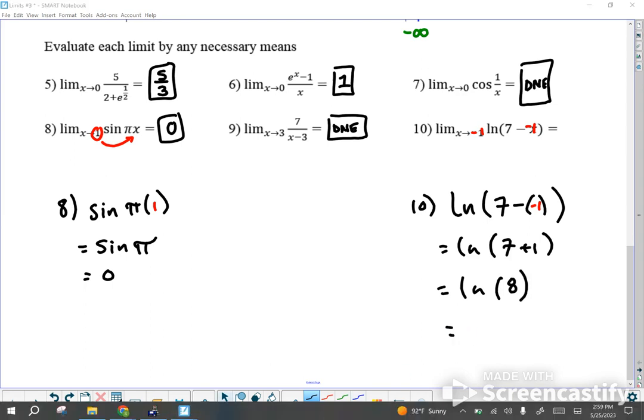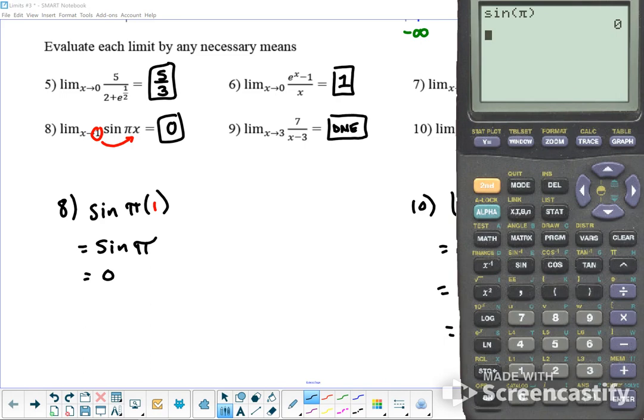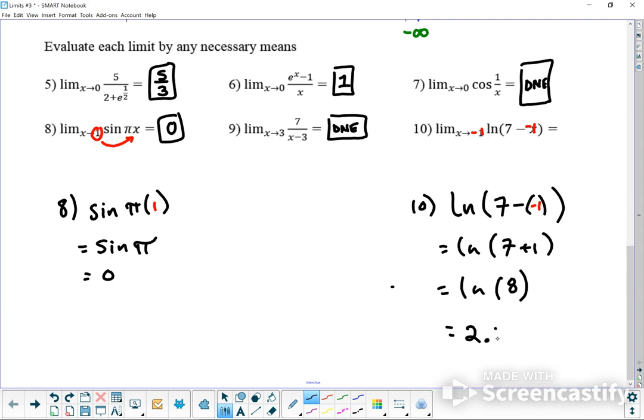And natural log of 8 on the home screen is going to be a number. Okay, 2.079. And then there's a bunch of other numbers, but that's where I'm going to go with.